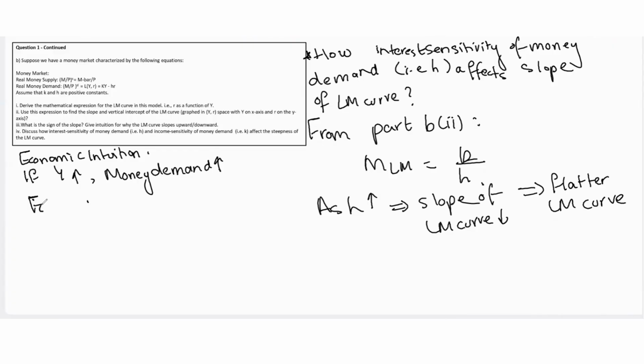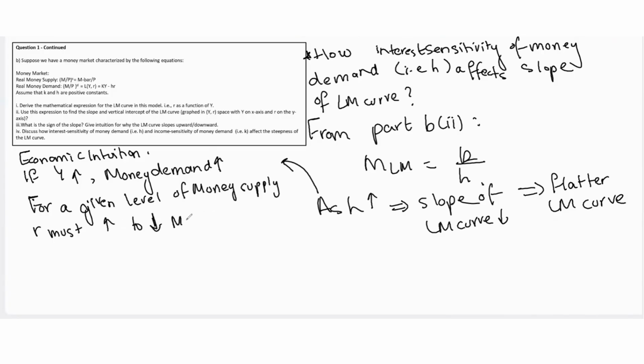For a given level of money supply, R must increase to decrease money demand back to equilibrium, right? The money demand that has increased, you want it to reduce back so that it's again equal to the unchanged money supply.